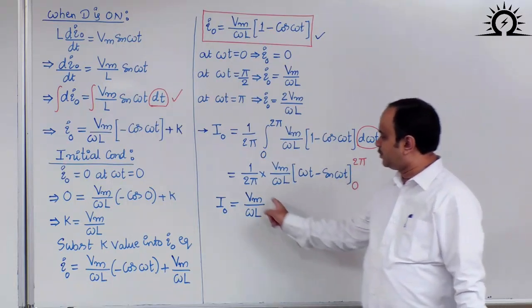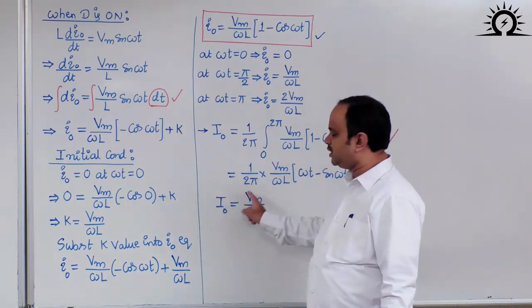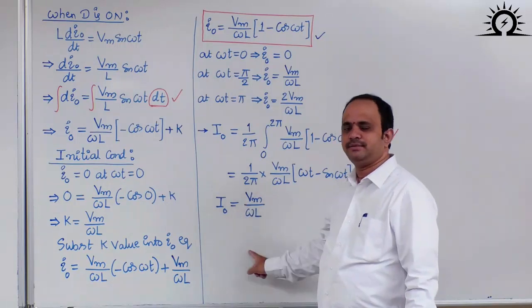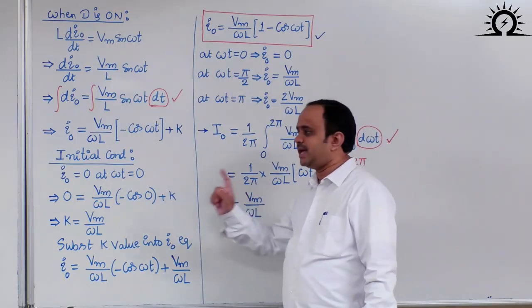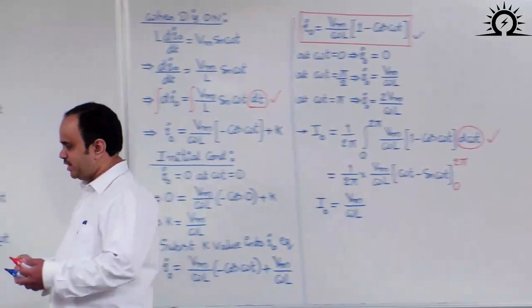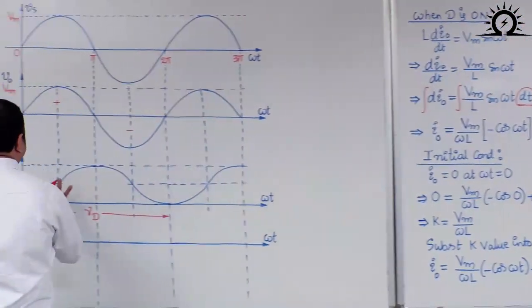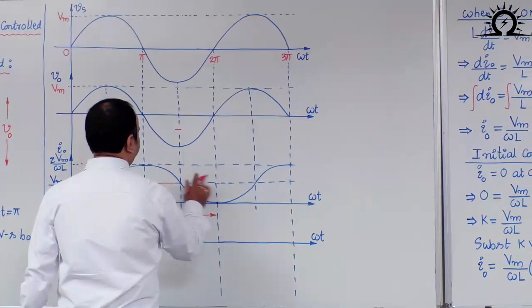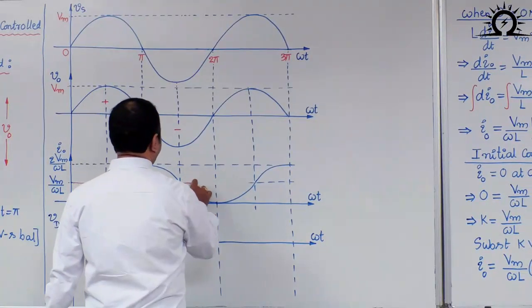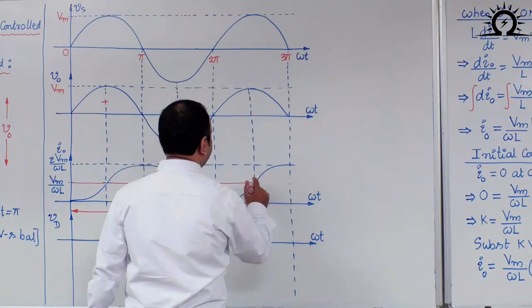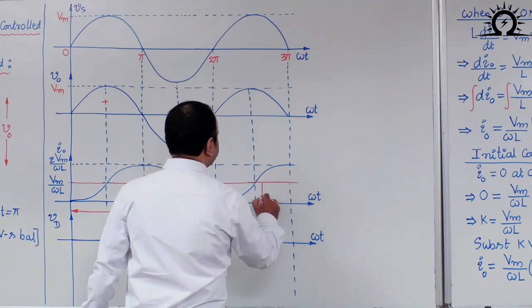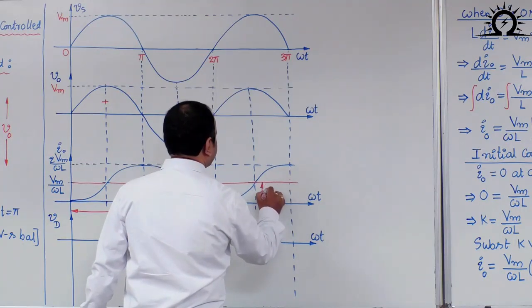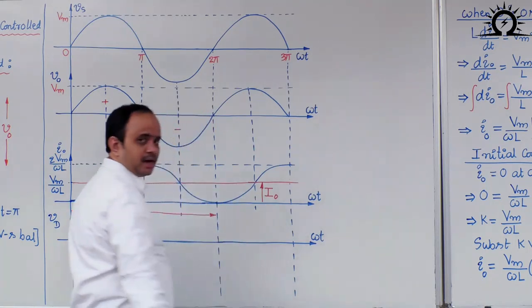Therefore here we got average value Vm by omega L. Now let us represent this average value on the waveform. This is the average value Vm by omega L. I can draw one horizontal line whose magnitude I can represent with a capital I naught.